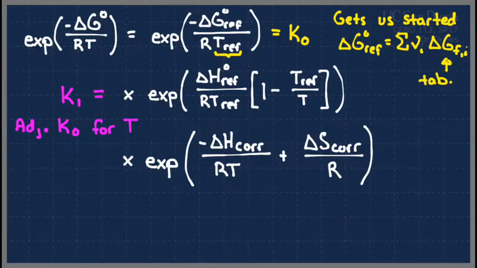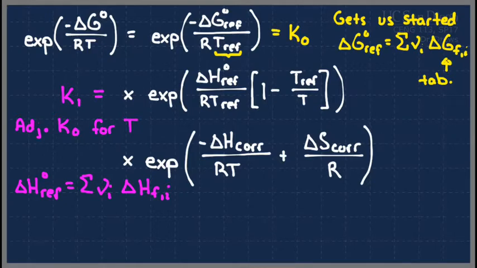And the way that we do that is through the K1 parameter here. K1's got another one of those delta H terms in it, the delta H ref. The delta H ref that we've got right there looks like the sum of the stoichiometric coefficients times the enthalpy of formation of I. Again, we just need any old enthalpy that we happen to have laying around.